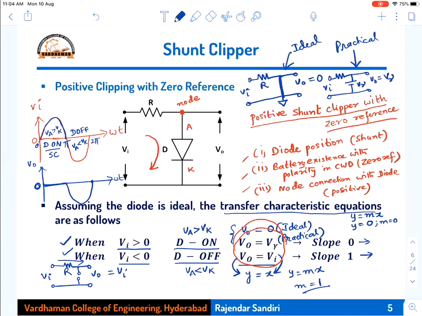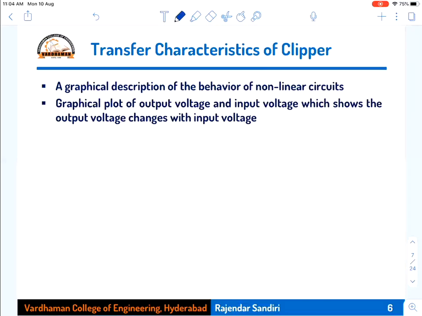Next slide. Now transfer characteristics of a clipper circuit, if you want to draw, it is a graphical description of the behavior of a nonlinear circuit. Any nonlinear circuit's behavior is represented in the form of a graph, and that graph we can plot between the output voltage versus input voltage. So generally transfer characteristics will always be output voltage versus input voltage.